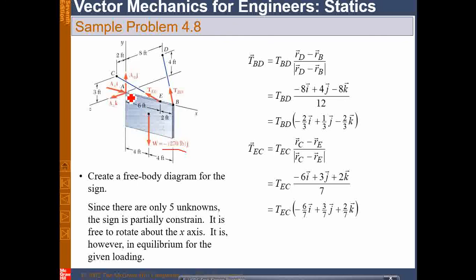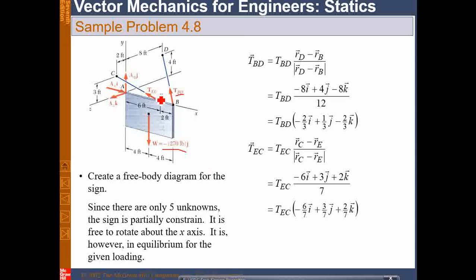As I said, there will be three components along the x, y, z directions, Ax i, Ay j, Az k. Remember, when there is a 3D problem, try to write everything in vector form, i, j, k, so you'll be able to solve these problems much more easily. And there are tensions TBD and TEC. So I've created a free body diagram.